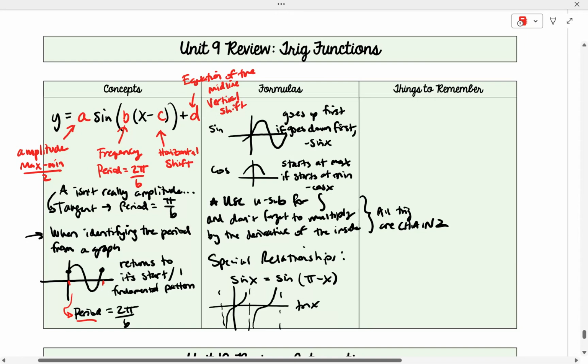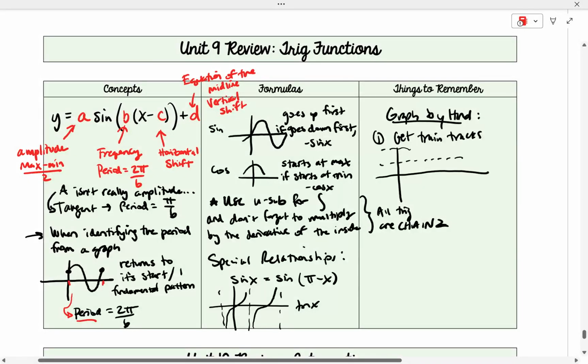Okay. What else? Graphing by hand. When you graph by hand, first, you're going to get your train tracks. Where do the train tracks come from? Oh, the max, the midpoint. Not in a sine or cosine.